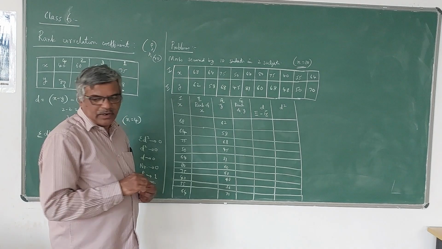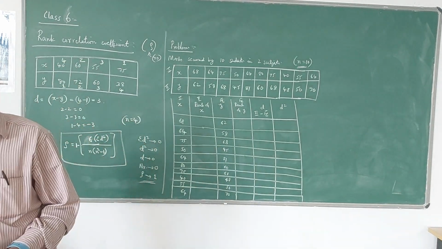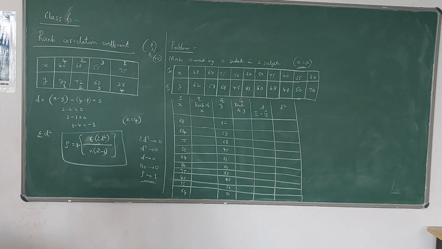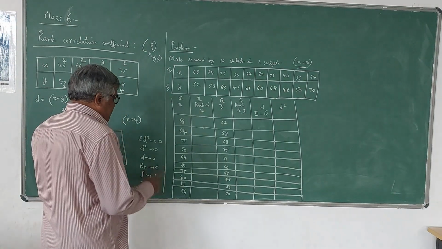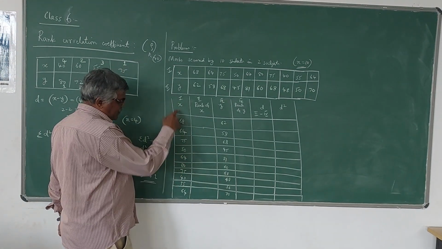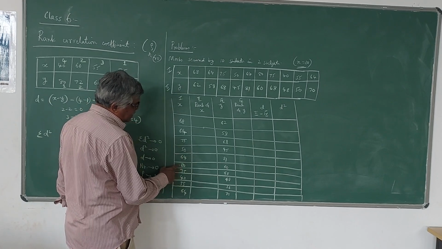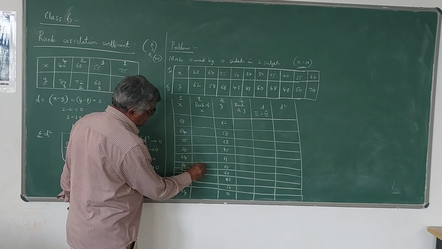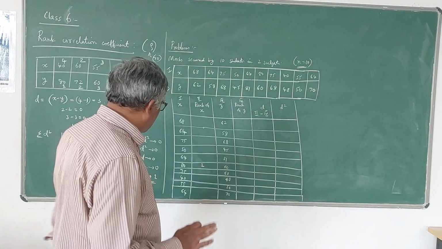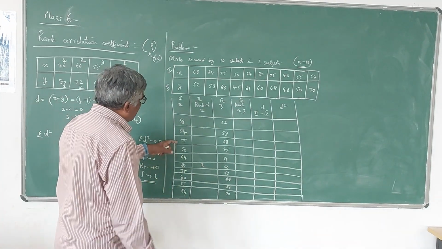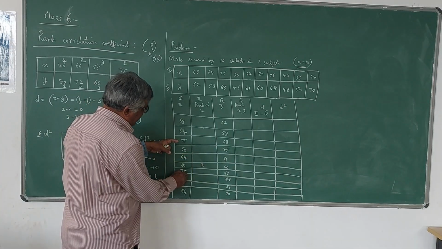Now once you write this in the form of columns, we have to assign ranks to these values. As I already told, the highest value will become the first rank. So this 80 is the highest value, this becomes 1. We have to move from the highest to the lowest. So 80, then after that 75 is there.